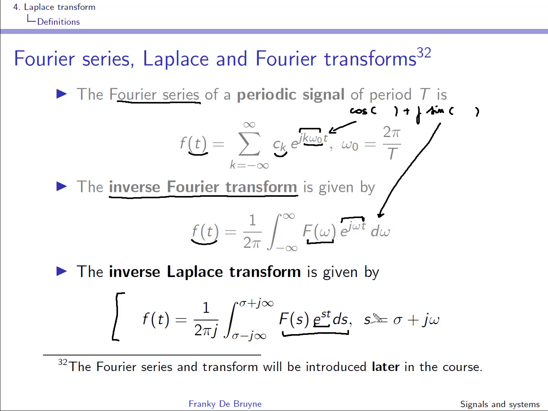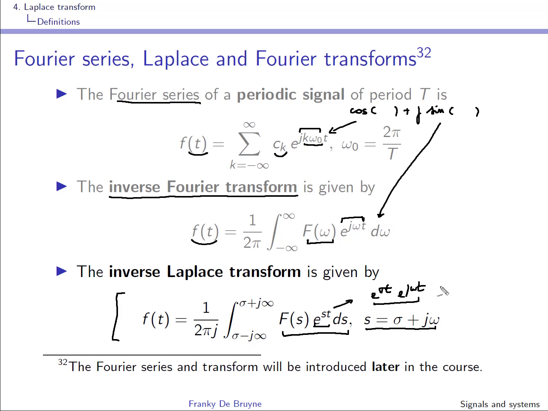Okay, and if we write this over here with s equal to sigma plus j omega, we can write this as e to the sigma t times e to the j omega t. Okay, so these are damped cosines and sines.